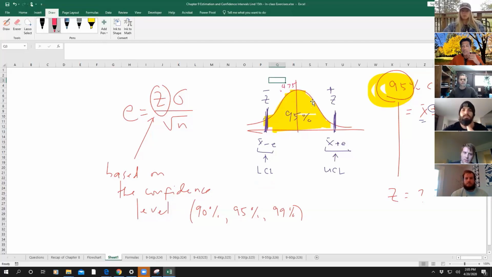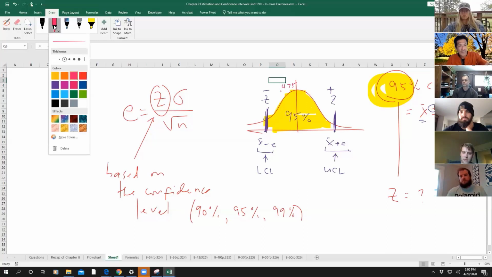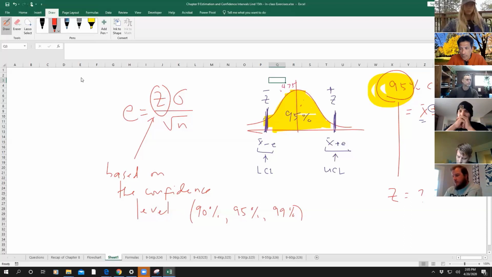Would it be the upper limit? The upper limit over here? Yes, from the mean over to the upper limit. Okay, yep, that too is 0.475. So this will be 0.475, and this also will be 0.475, right?